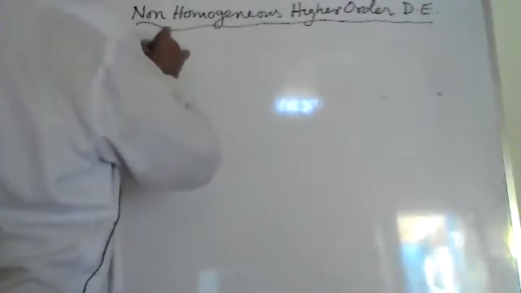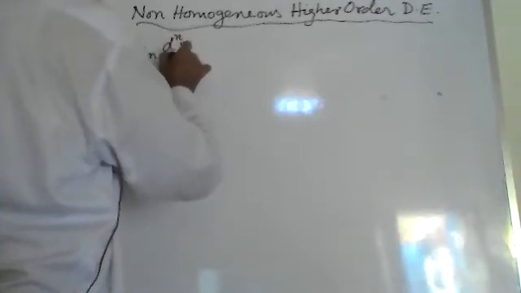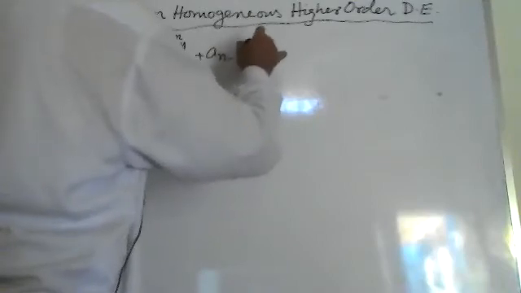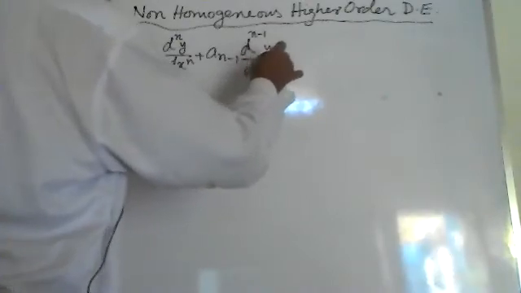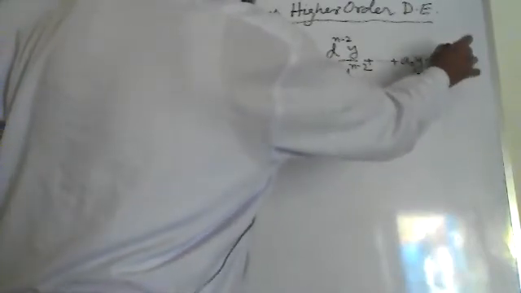These are the equations of the type a_n d^n y upon dx^n, plus a_(n-1) d^(n-1) y upon dx^(n-1), plus a_(n-2) d^(n-2) y upon dx^(n-2), and so on, plus a_0 y is equal to g of x.